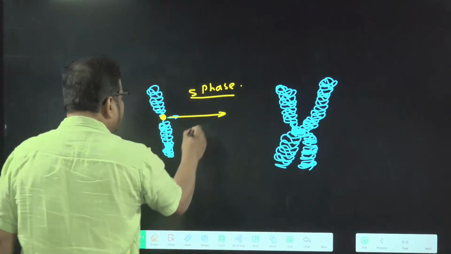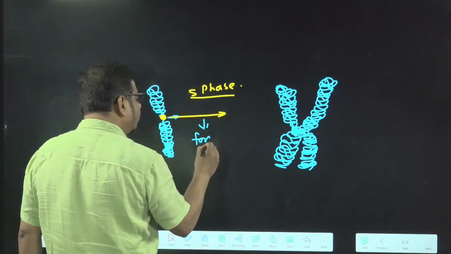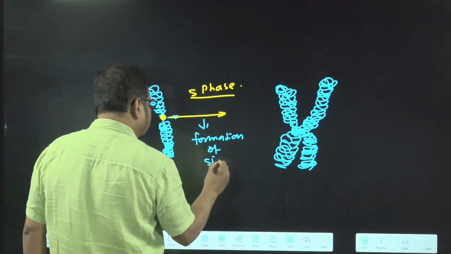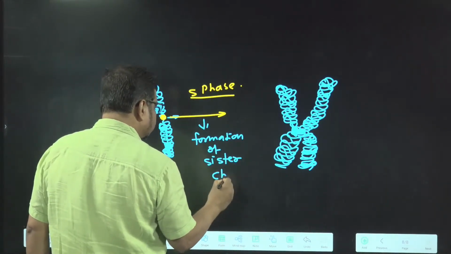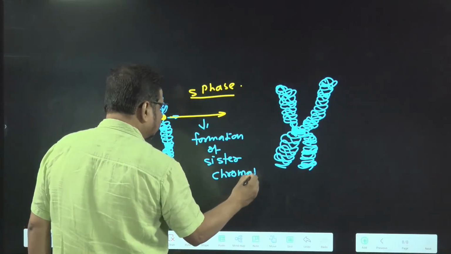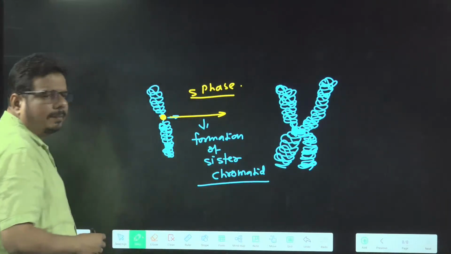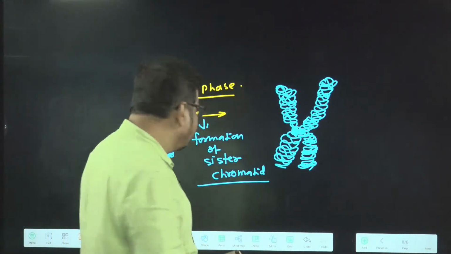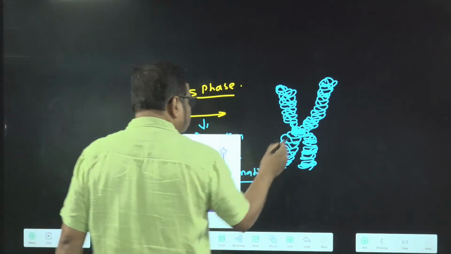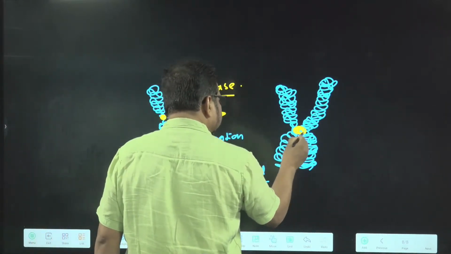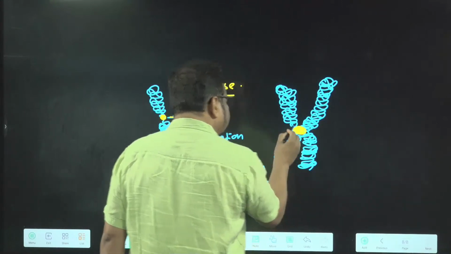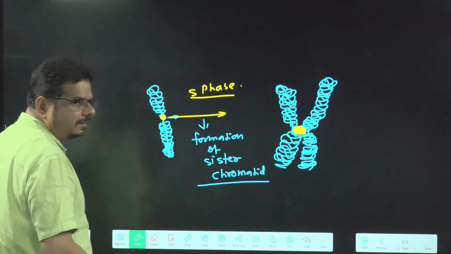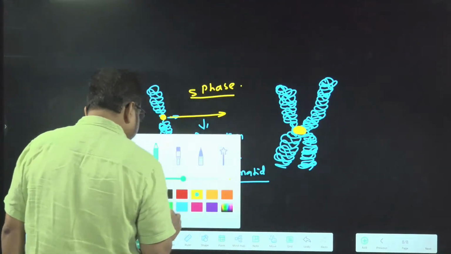So during S phase, what is happening? Formation of sister chromatids. Are you getting the idea? And this position is the centromere. At the centromere, both sister chromatids are attached.